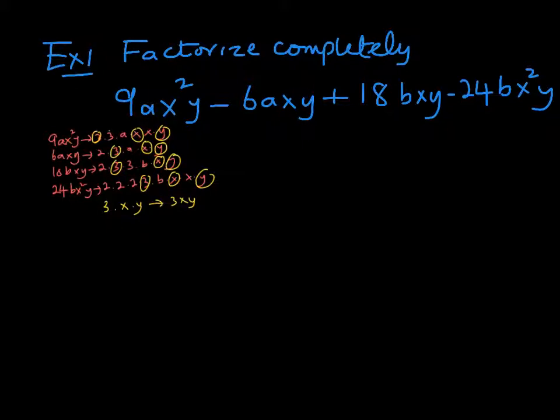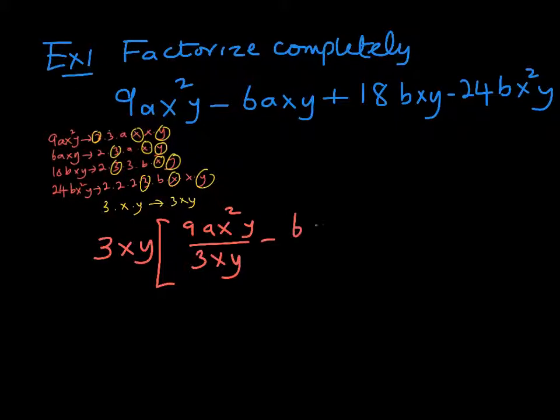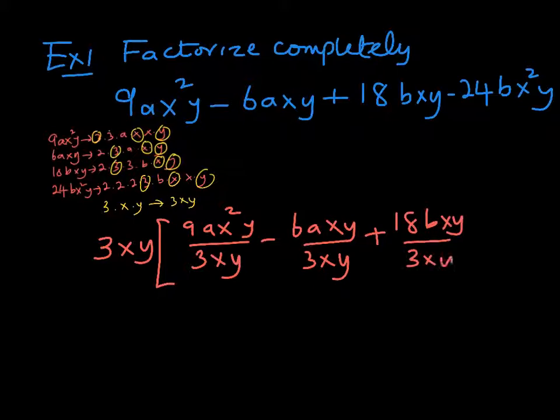Okay. Now let's go ahead and factor. Let's factor out 3xy. So that's 3xy into a large bracket of 9ax squared y divided by 3xy minus 6axy divided by 3xy plus 18bxy divided by 3xy minus 24bx squared y divided by 3xy, and then you put a bracket at the back.